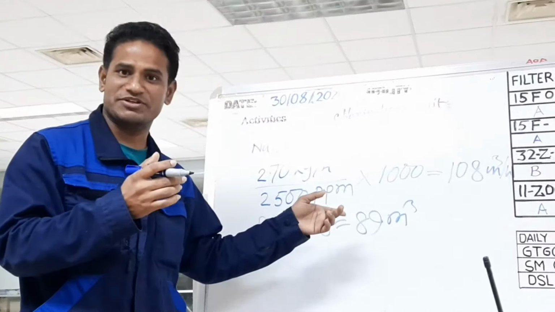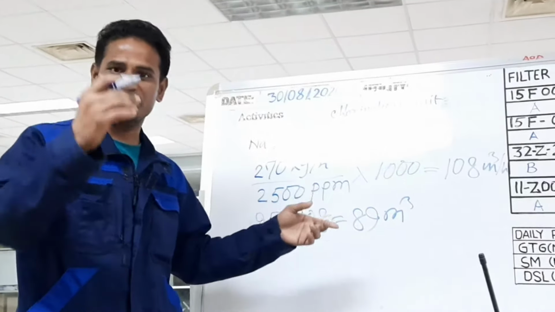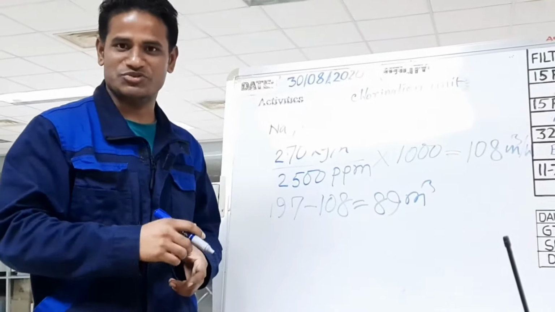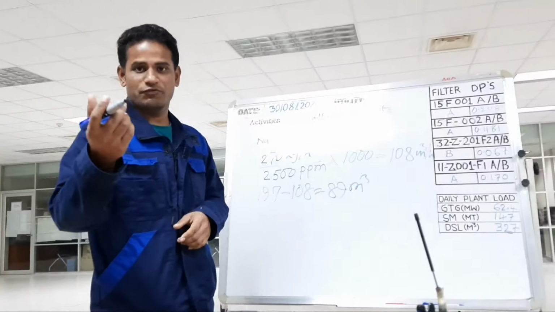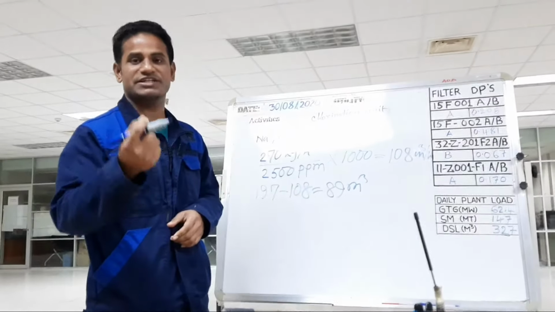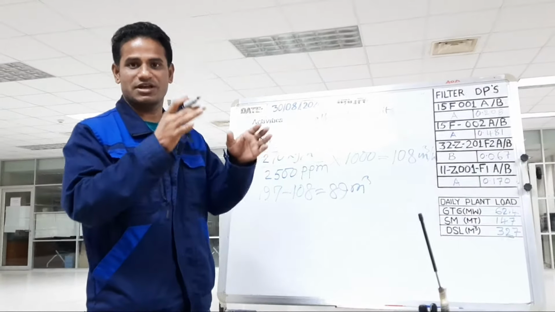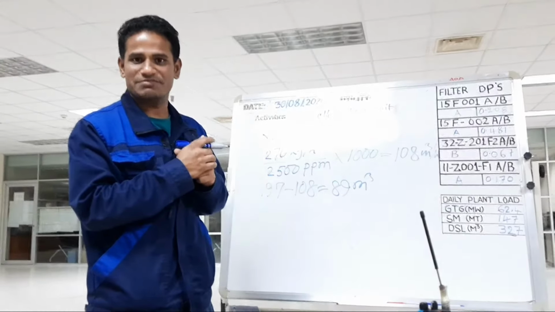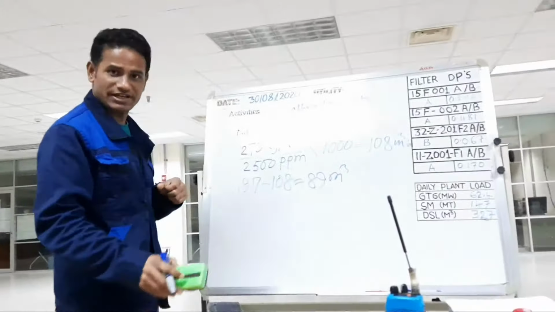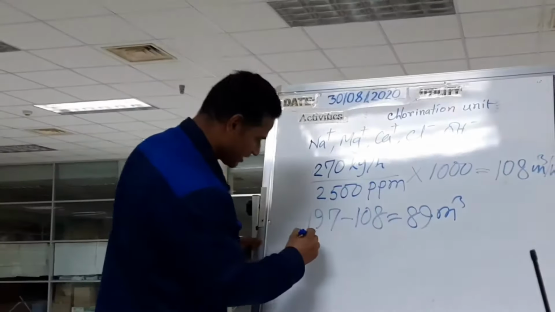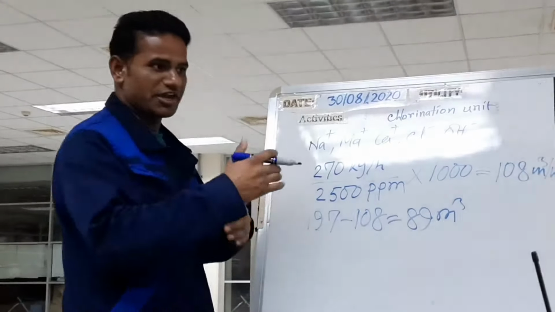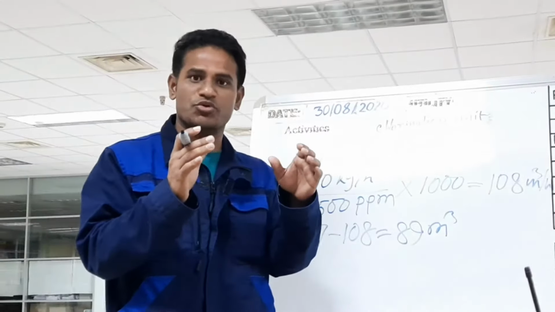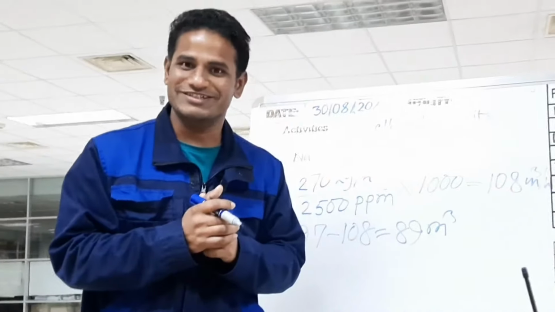This 89 meter cube flow we are collecting from the recirculation line. Our continuous dosing pump has one recirculation. From this recirculation line we collect 89 meter cube because the hypochlorite generator capacity is 197 meter cube. Clear? Now a total of 197 meter cube enters the hypochlorite generator, where the main chlorine is produced.